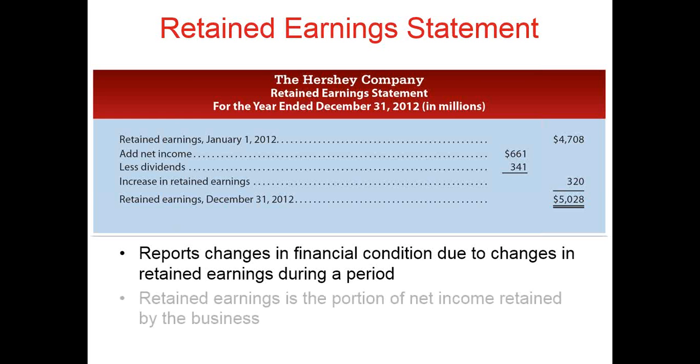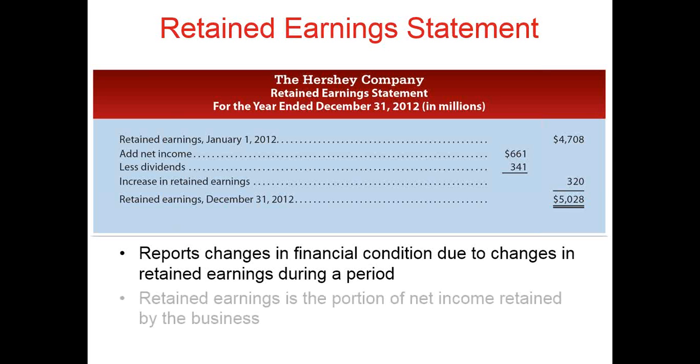Retained earnings is the profit retained in the company. Now, if you go back and look at your income statement, you see that we had net income of $661. Well, owners of the company don't buy stock simply because they like the company. They buy stock because they expect to get a return. They expect to get something for being an owner of the company. That's what dividends are.